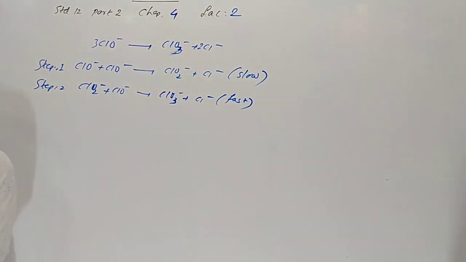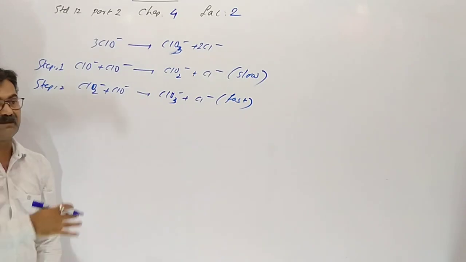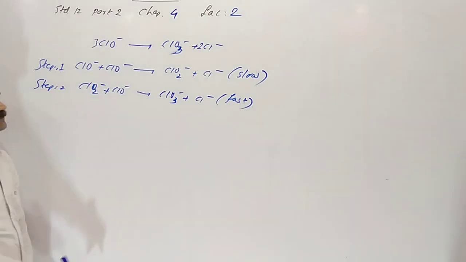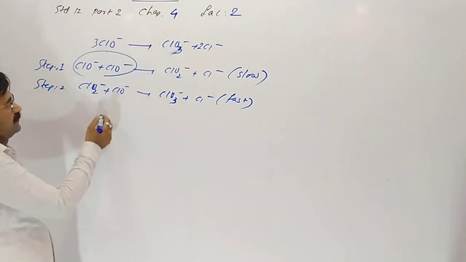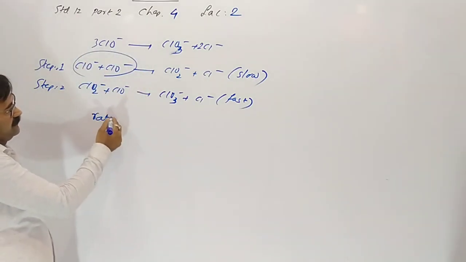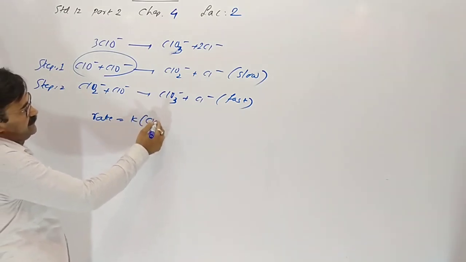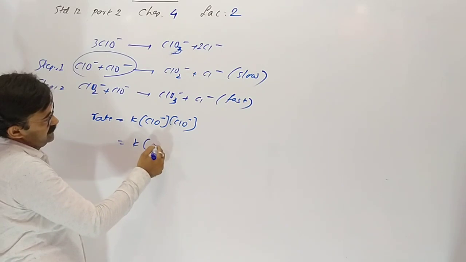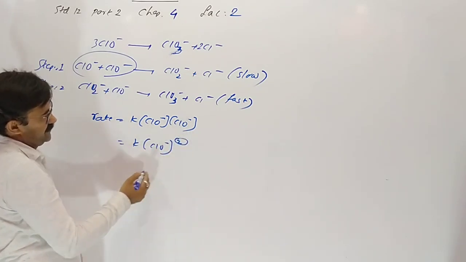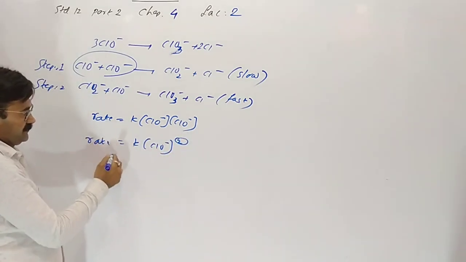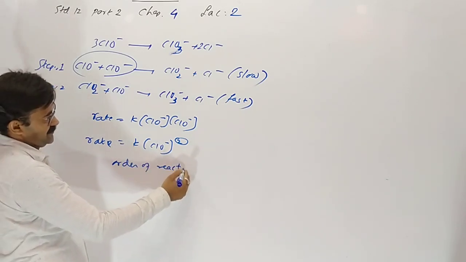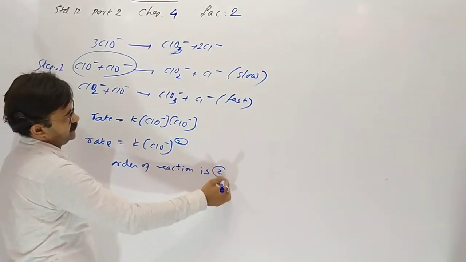So we know whenever a reaction occurs in many steps, the slower one is the rate determining step. In the slower one, how many molecules collide with each other? Two ClO⁻, so the rate depends on the square of [ClO⁻]. So here the order of the reaction is 2.